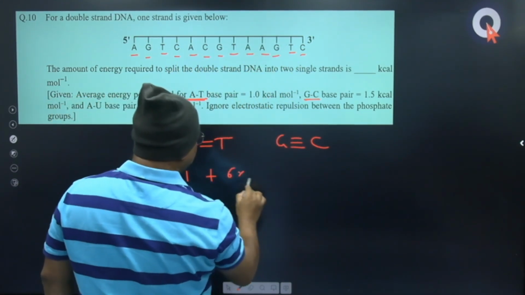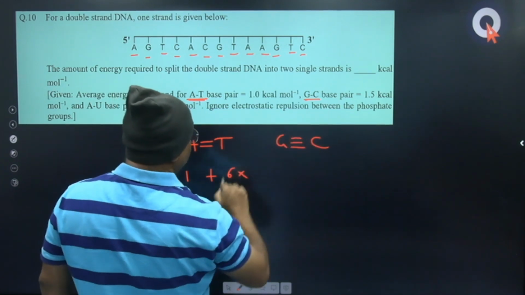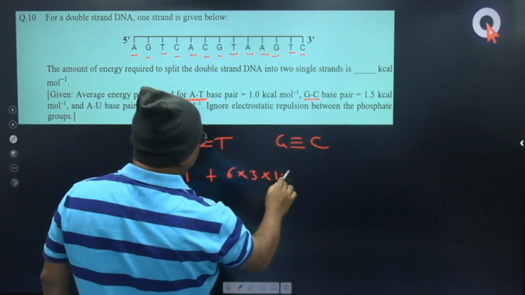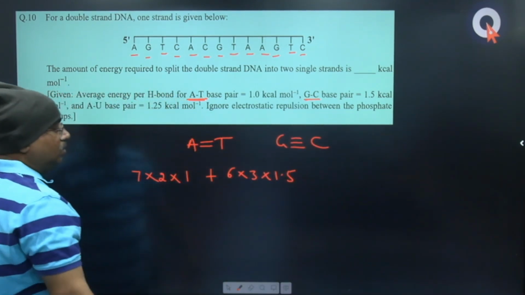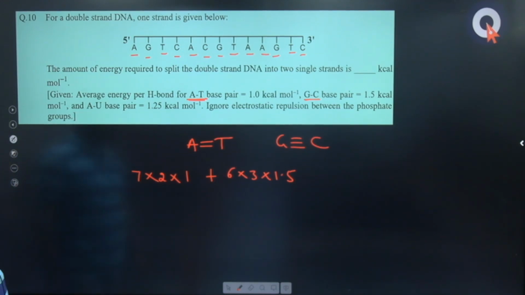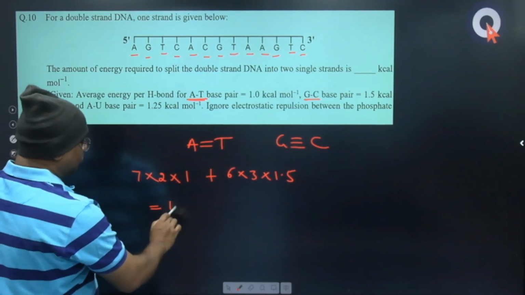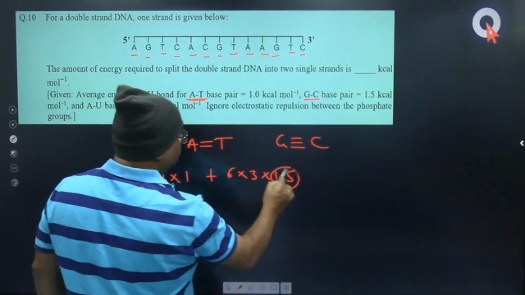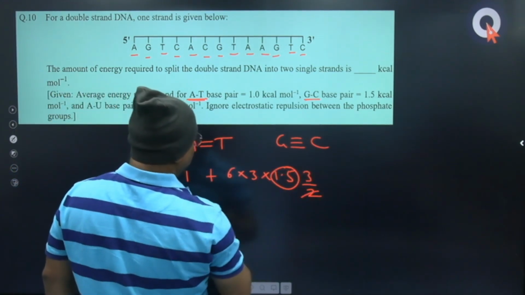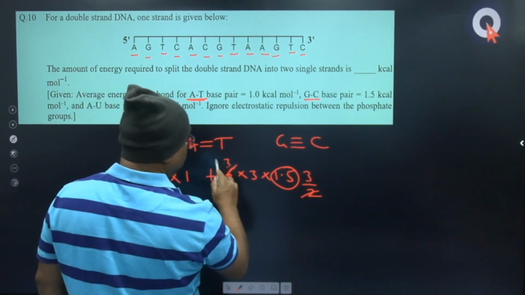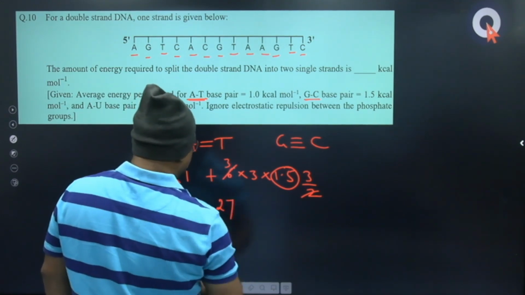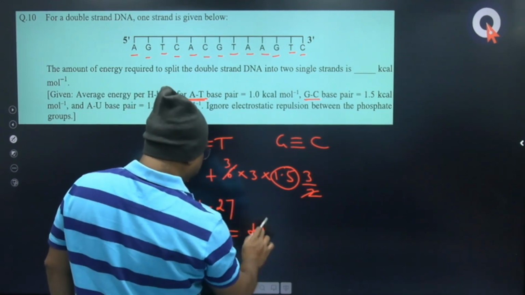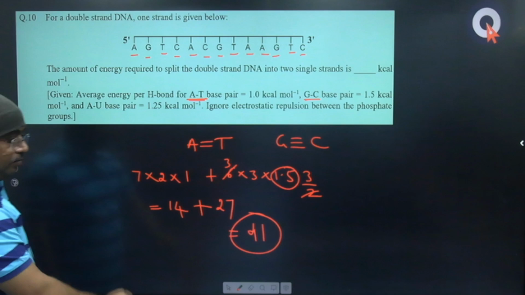So 6 into 3 into 1.5. So this is 14. This is 3 by 2 you can write, suppose. Then this is 3, so that it is 27, so that it is 41.